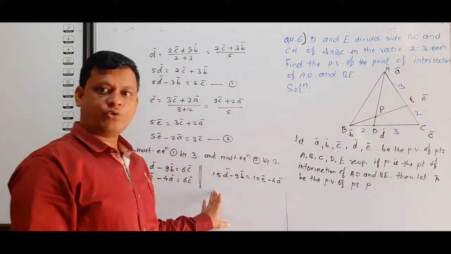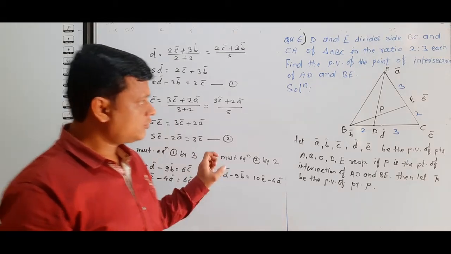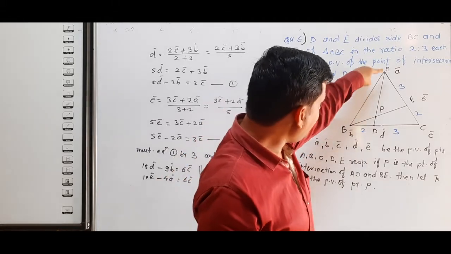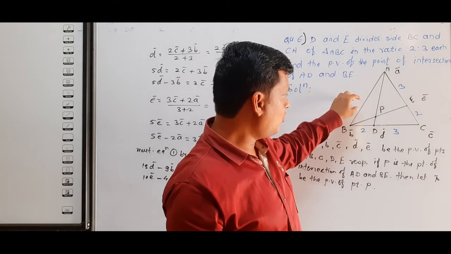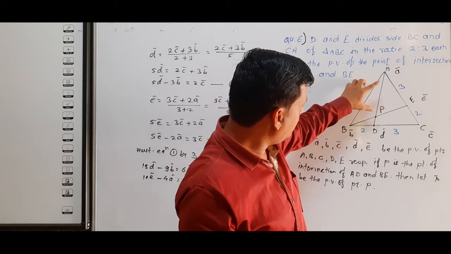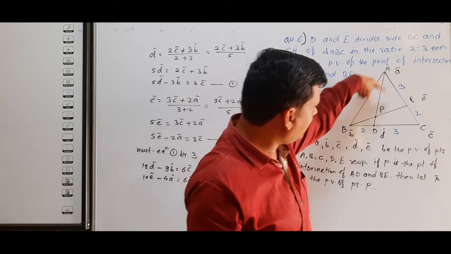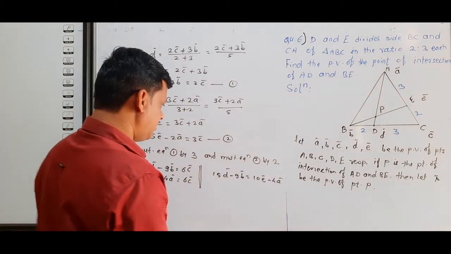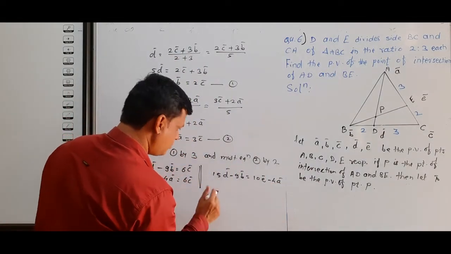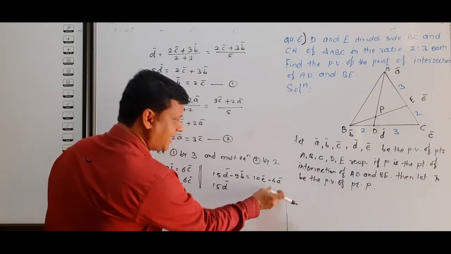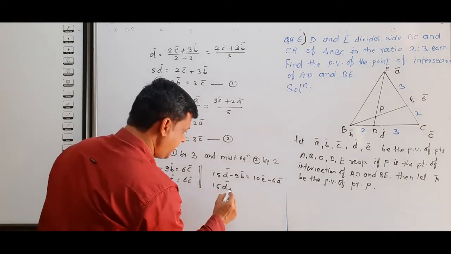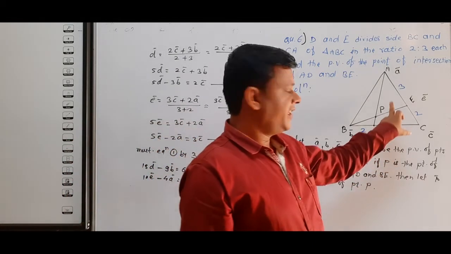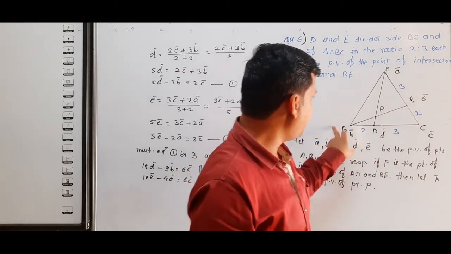Now we require the position vector of point P. So observe this diagram. This point P is on side AD. So for side AD we require vectors A and D. So we collect vectors A and D on one side. So we write here 15D bar, transfer this vector minus 4A to the left hand side. We get plus 4A bar equals to, this point P is also on side BE.